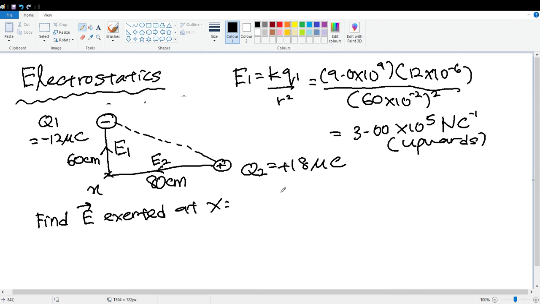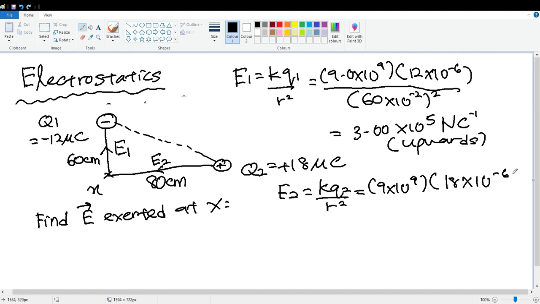As for E2, E2 is actually kQ2 over r squared. So 9 times 10 to the power of 9, and Q is 18 times 10 to the power negative 6. The r squared is 80 times 10 to the power negative 2, squared.